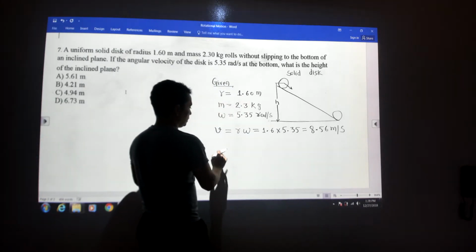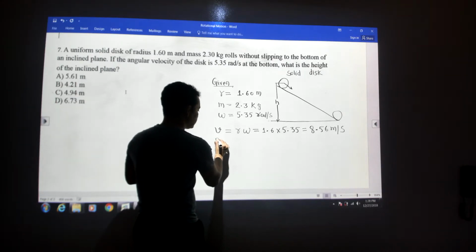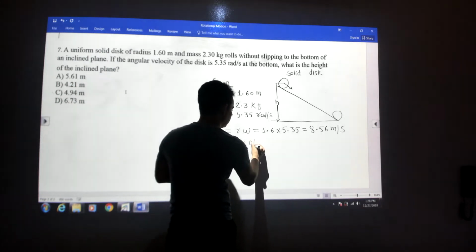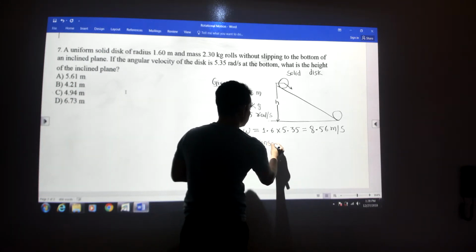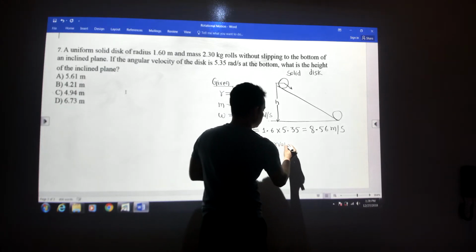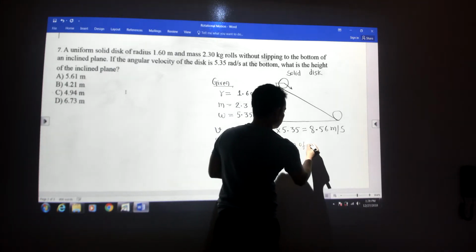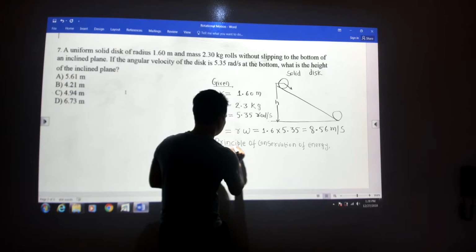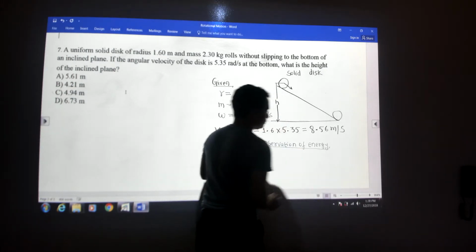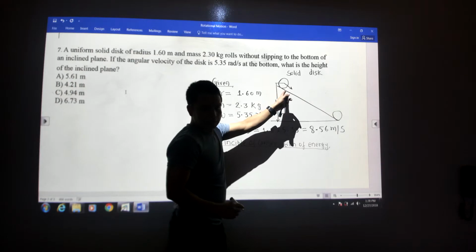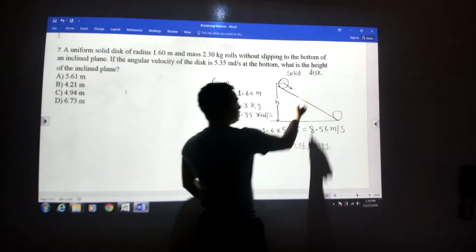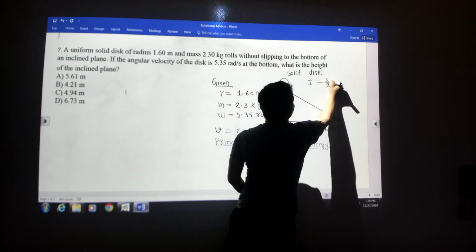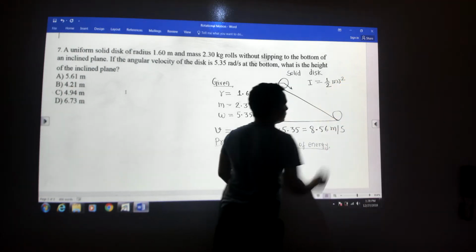Now we are going to use the principle of conservation of energy. Before we move on, I would like you to note this is a disk, and the moment of inertia of a disk is given by half m r squared.